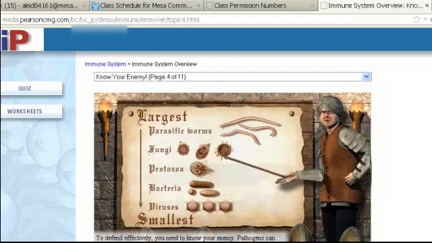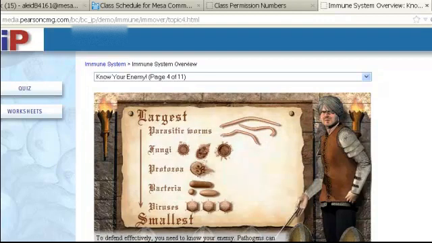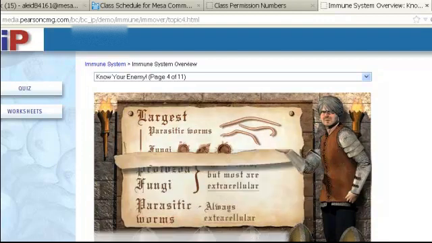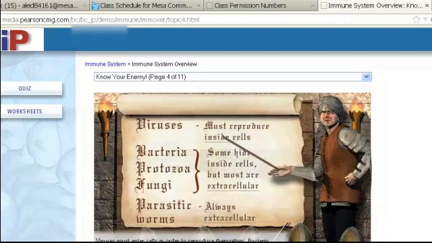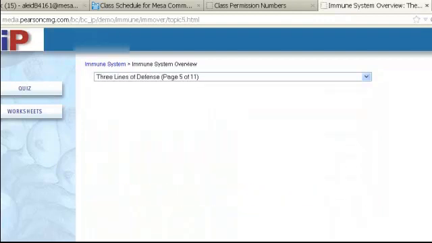And the viruses are the smallest of all of them because the viruses actually have to go inside your own cells. So in essence, they hijack your own cells and use your own cell machinery to reproduce themselves and then spread out from there. So we had talked about that, yeah.